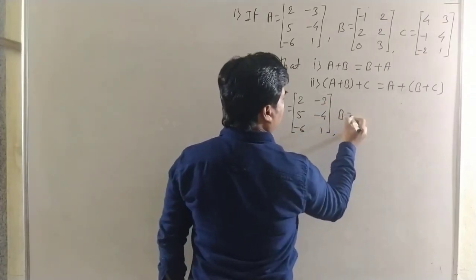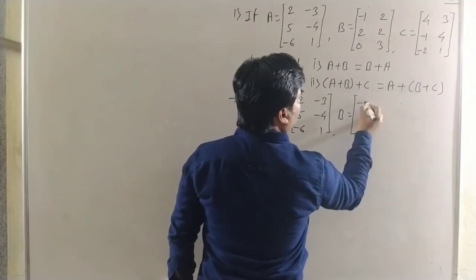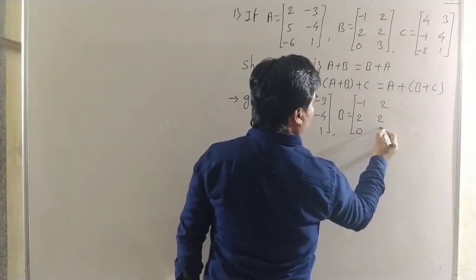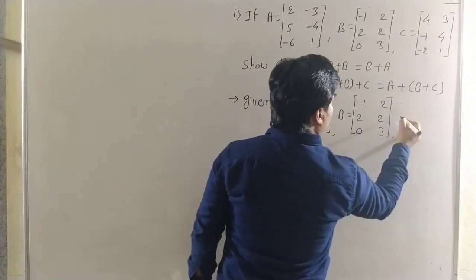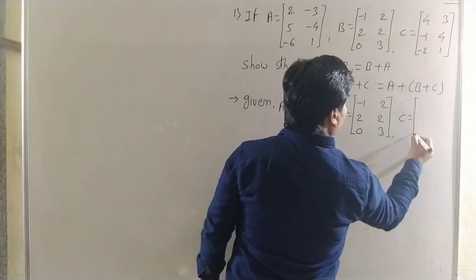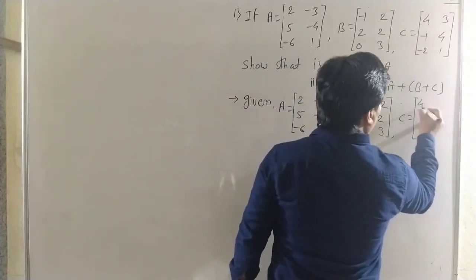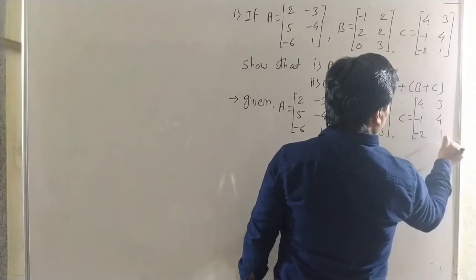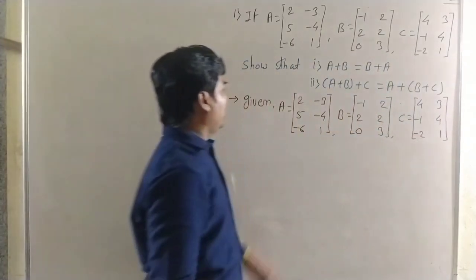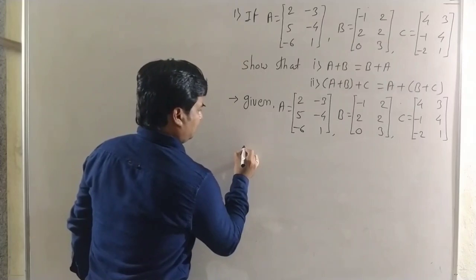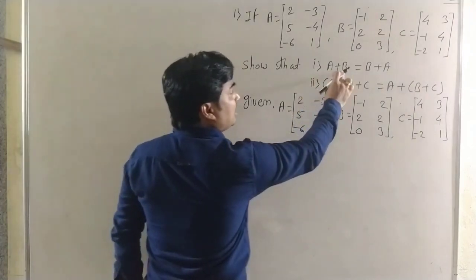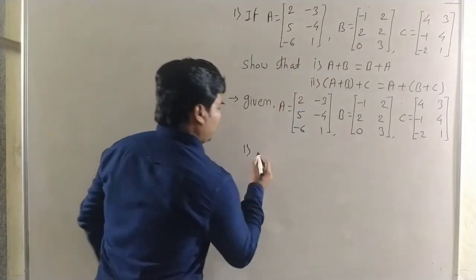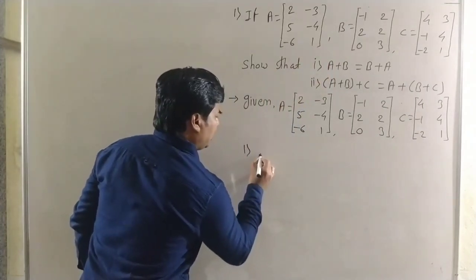B is minus 1 2, 2 2, 0 3, and C is 4 3, minus 1 4, minus 2 1. These are the given matrices. Now the first example, we want to show that A plus B is equal to B plus A. First find the LHS, that is A plus B. See carefully, simple example.